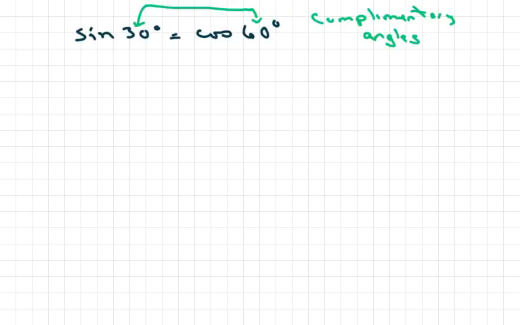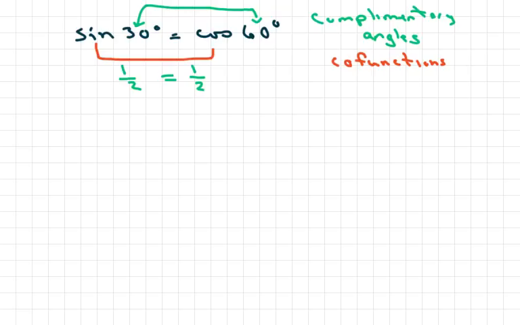And the cofunctions are sine and cosine. So let's do another one. And we know that this is true. You know from your unit circle that sine of 30 is 1/2. And we know that cosine of 60 is 1/2. So we can actually prove this one.